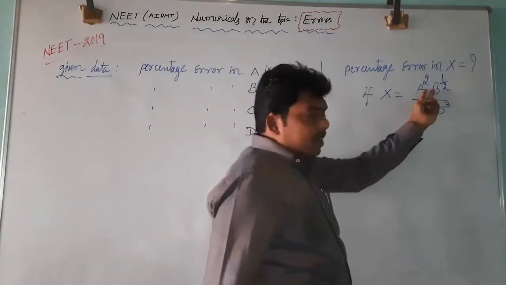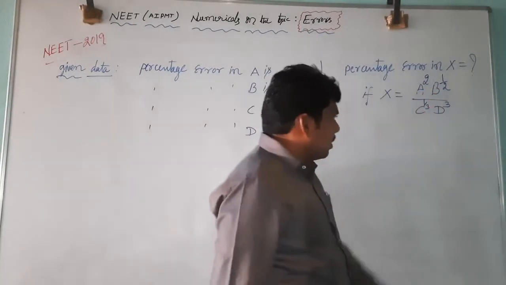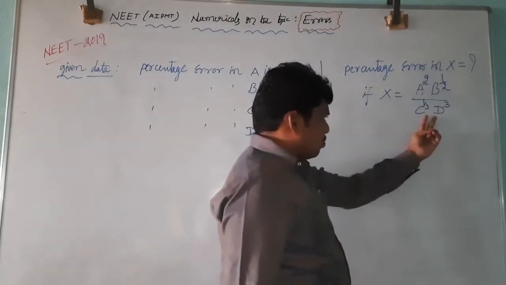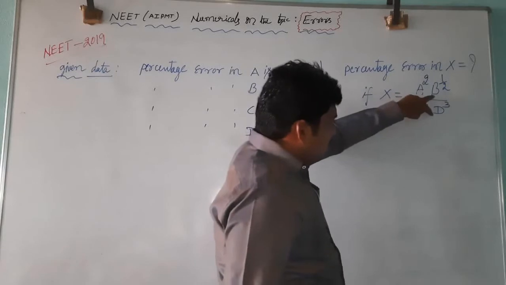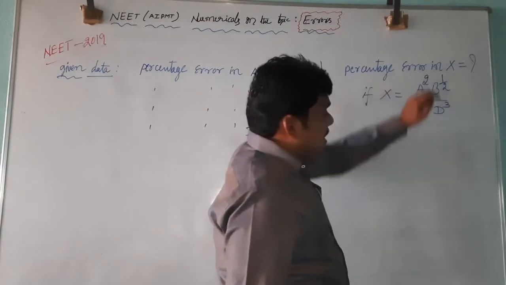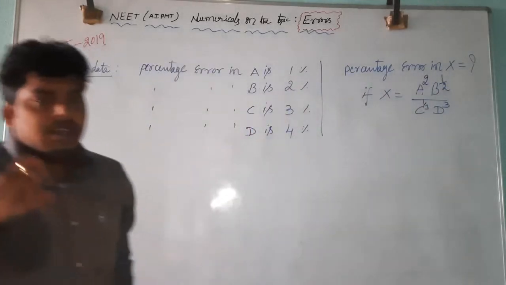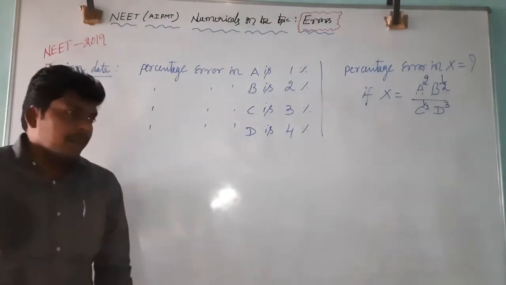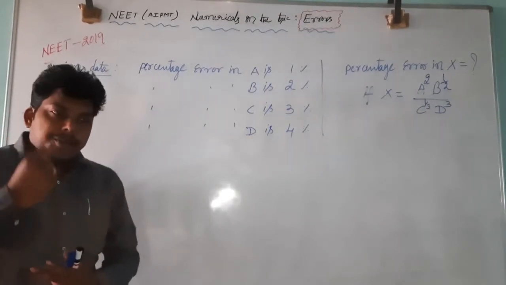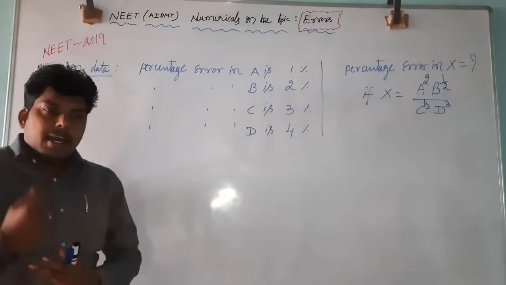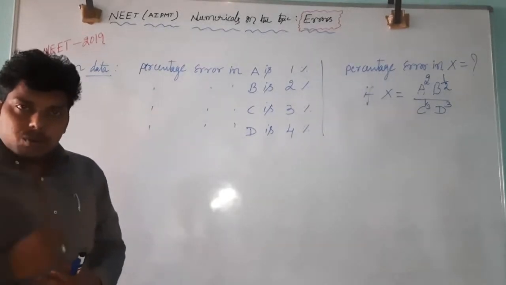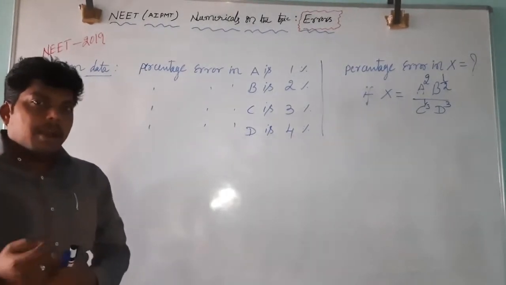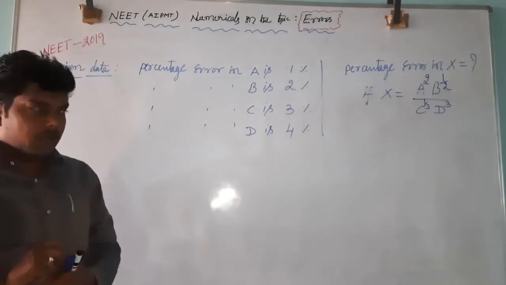Here, product of two quantities is there, ratio of two quantities, power of certain physical quantity. Means that here we have to use two formulas. The first one is error due to multiplication, and another one is error due to division, along with that one, error due to power of a physical quantity.